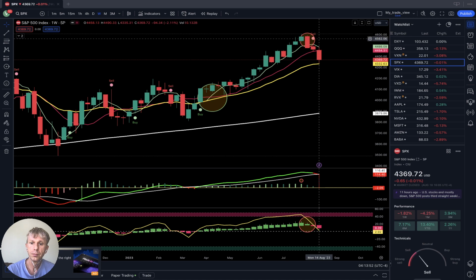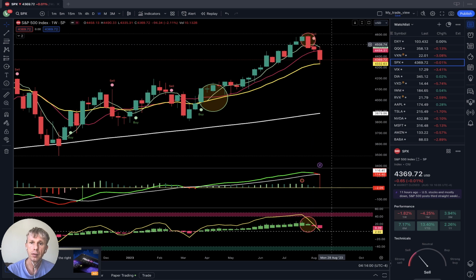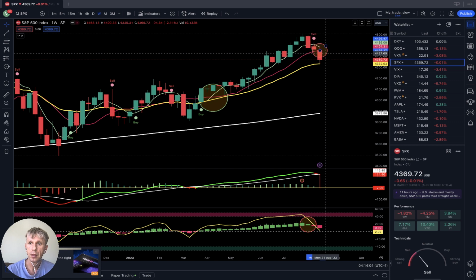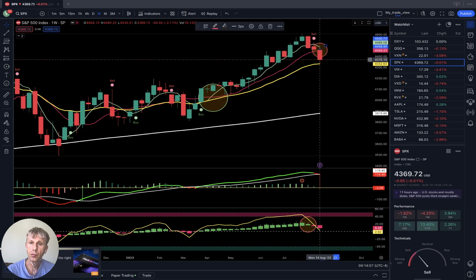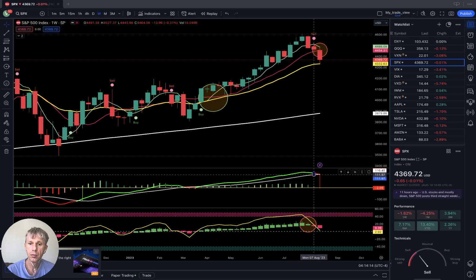And now it didn't make a bearish crossover yet for the last 3 weeks. It did a sell signal. Now it's in a bearish reversal signal. Possible, right? And it touched 20.